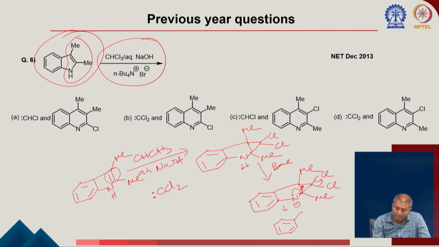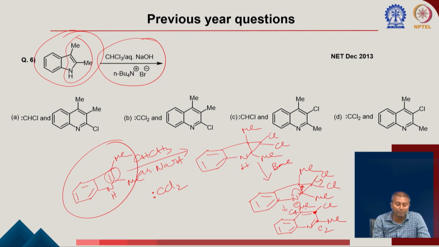If you do it in a single step, then this can take you all the way, keeping the chlorine here, and you will have a methyl here and here. It will take you all the way to the quinoline. So starting from indoles, it will take you all the way to quinoline, where you will have a chlorine in this position, and you will have a methyl in the C2 and C4 positions.